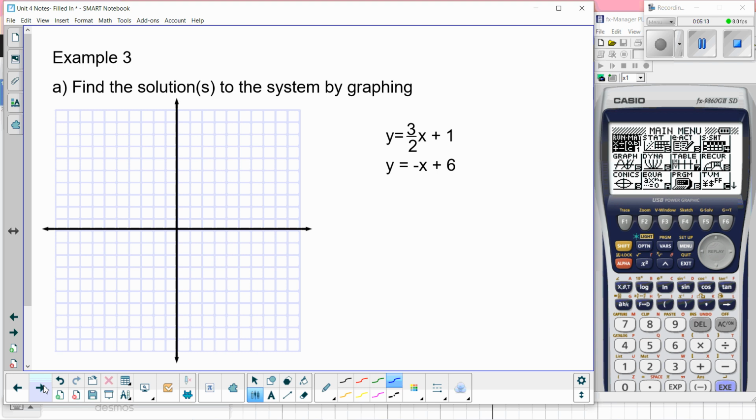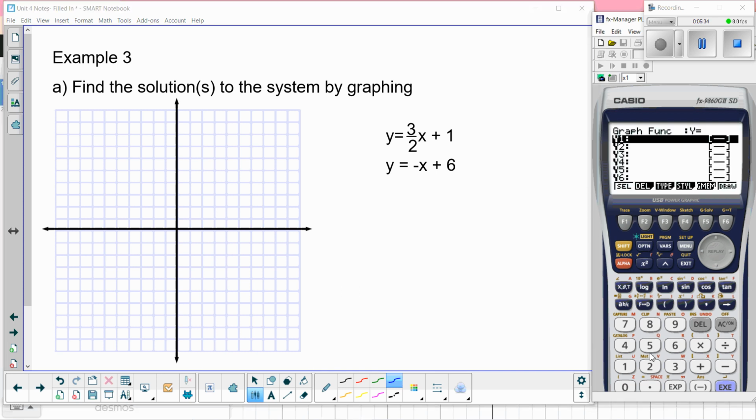All right, the final thing we're going to look at is now graphing to find our solutions. I'm going to show you how to graph using your calculator and using Desmos. So on our calculator, if we want to graph, we want to get to the one that says graph from our main menu. So that's number 5.